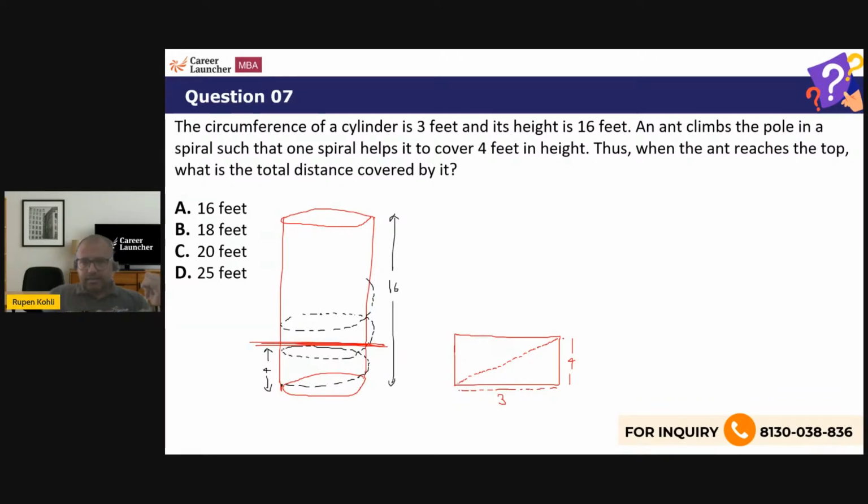Imagine you have joined it end to end, then this point would meet with this one. So ultimately the ant would have done the full revolution around the circumference, and that path when opened looks like the diagonal of this rectangle, which is simply the 3 4 5 triplet, isn't it? So 5 feet has been covered by the ant in one such spiral. The ant has covered 4 such spirals. Therefore, 20 feet, 5 into 4, is the total distance covered by the ant.